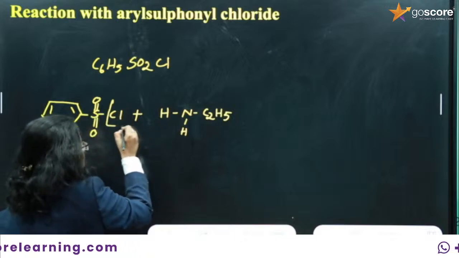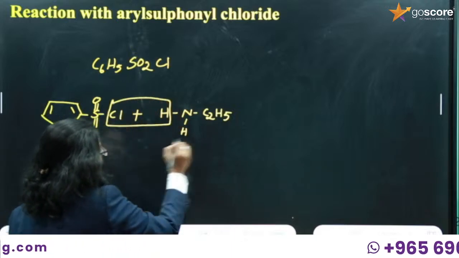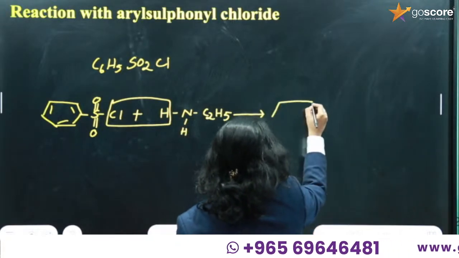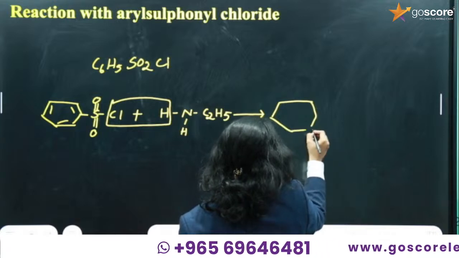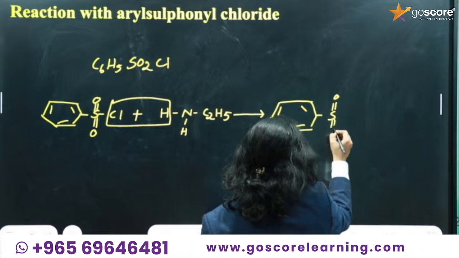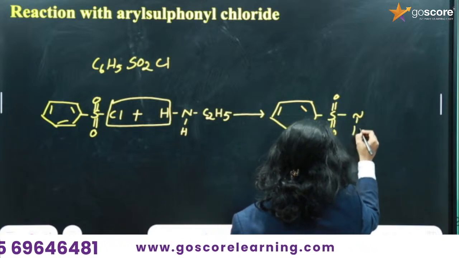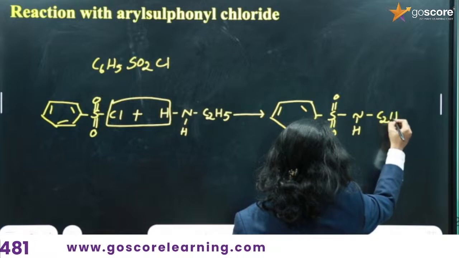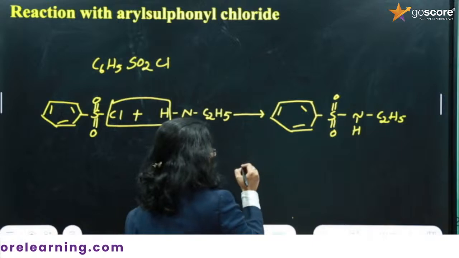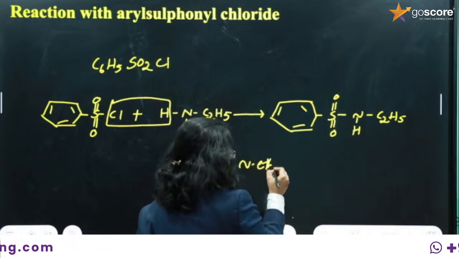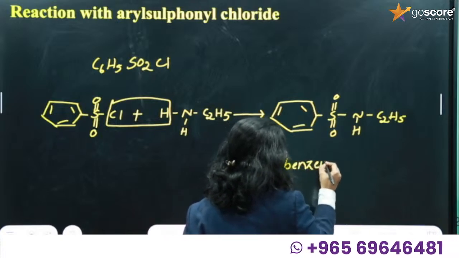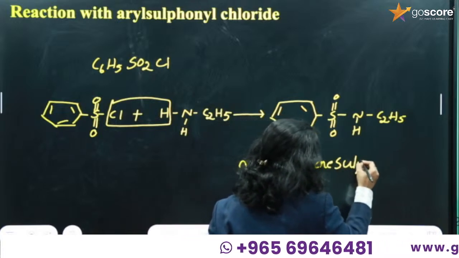From here the HCl will be removed, then you will get benzene S double bond O NH C2H5, that is N-ethyl benzene sulfonamide.